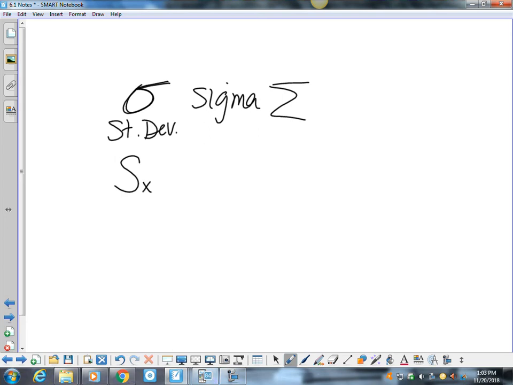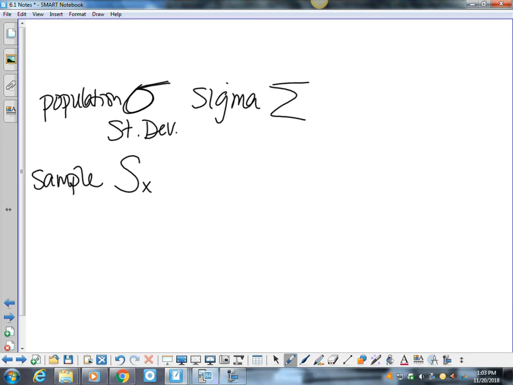So one of these is population and one of these is sample. This is population, and this is sample. What is the population mean symbol?